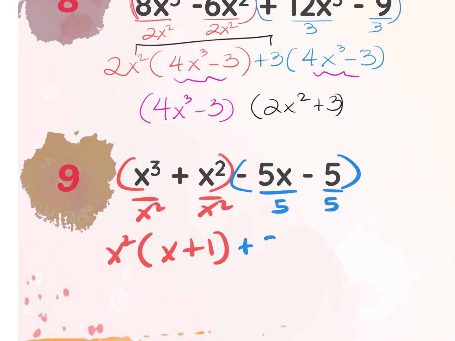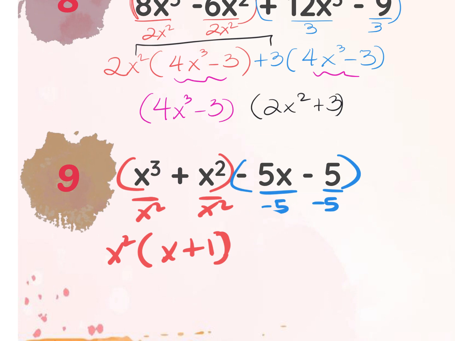But if I do that, what remains does not match. So in this case, what I really need to do is go back and pull out a negative 5 GCF, and then my parentheses will match.